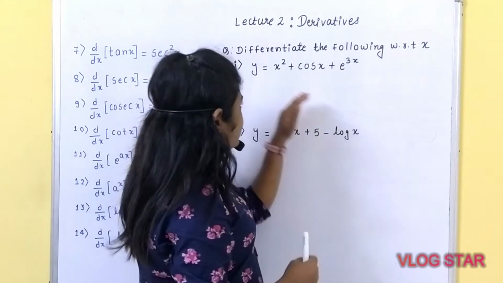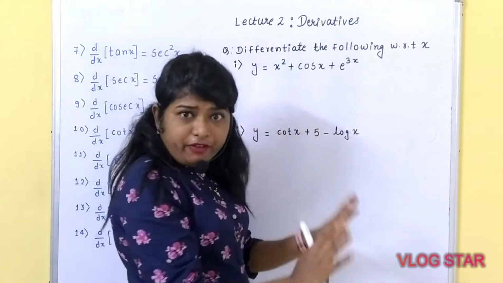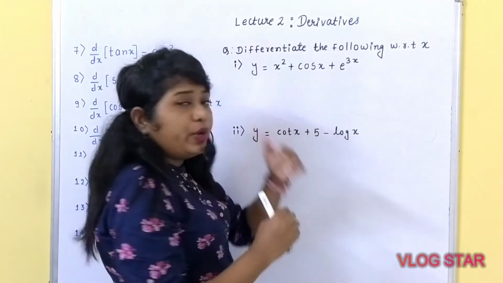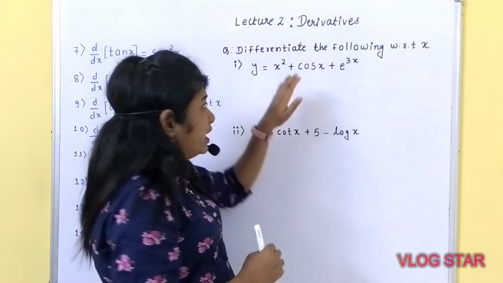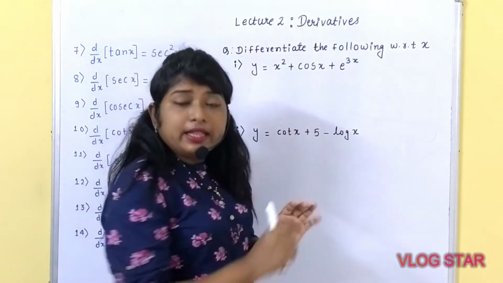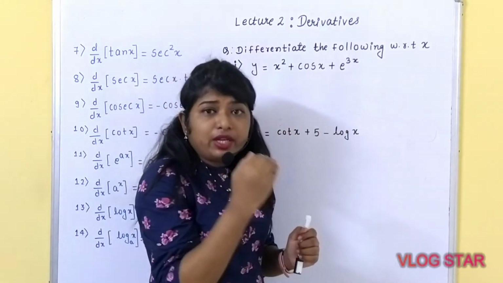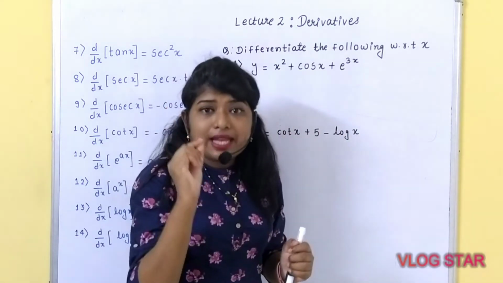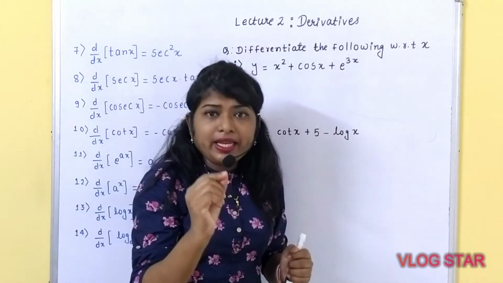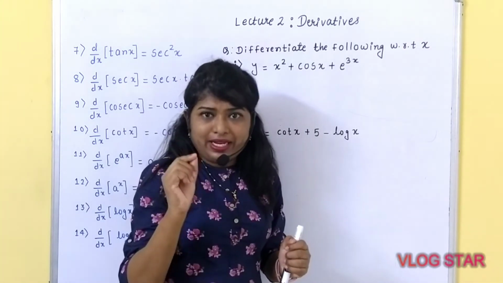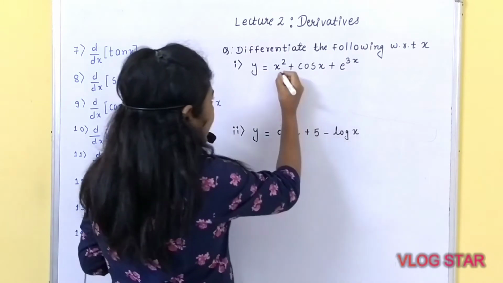So if you observe carefully, which formula you are going to apply to find out the derivatives of x square? This is related to x raised to n. So derivatives of x raised to n is nothing but equal to n into x raised to n minus 1.